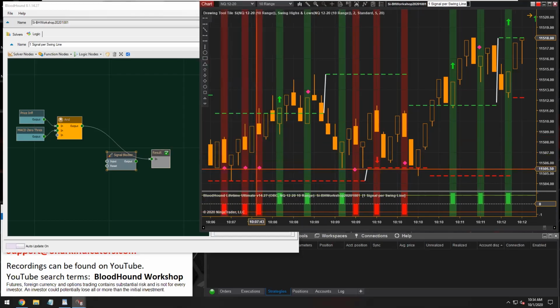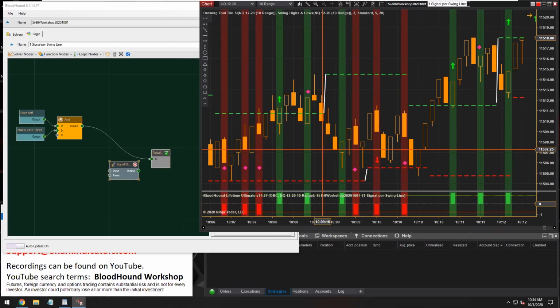blocker correctly here. Okay, so taking a step back and looking at the original question again, we only want the first signal when a new swing high or a new swing low occurs, right?